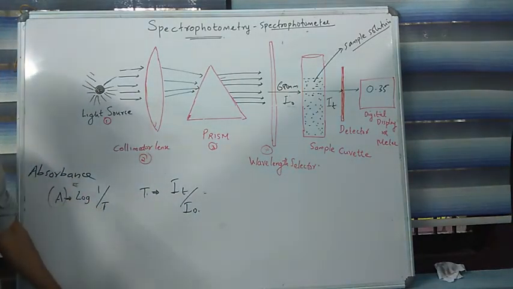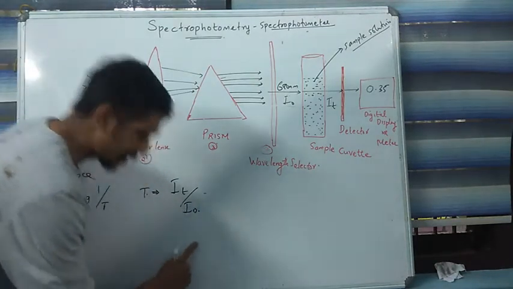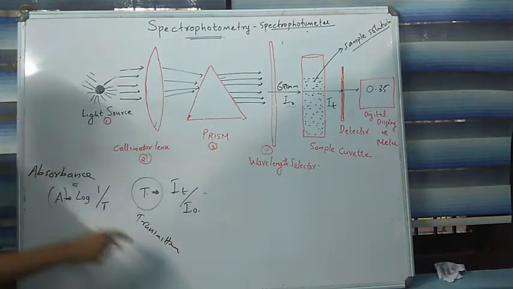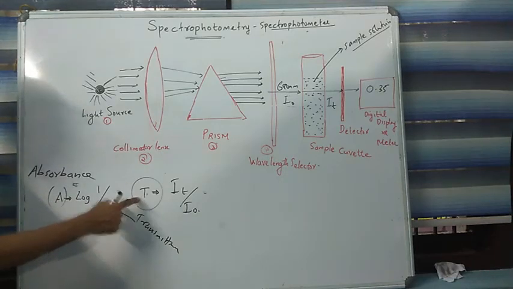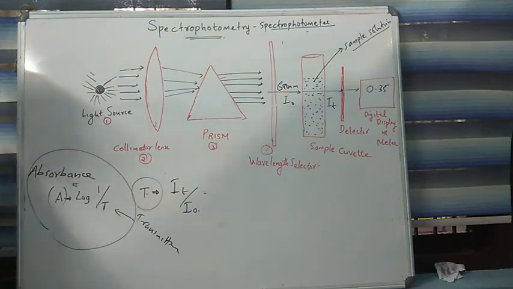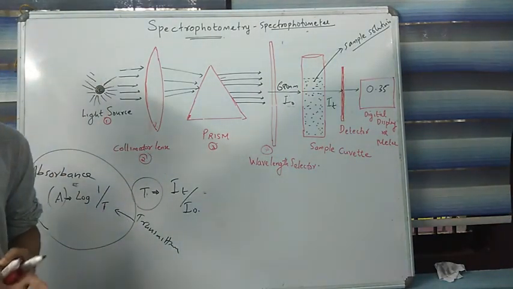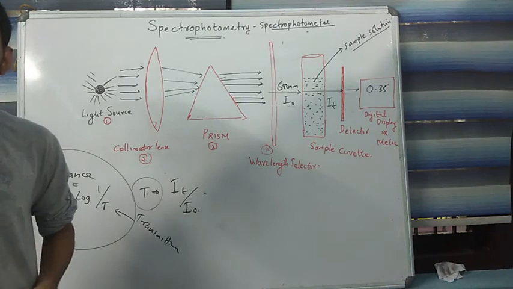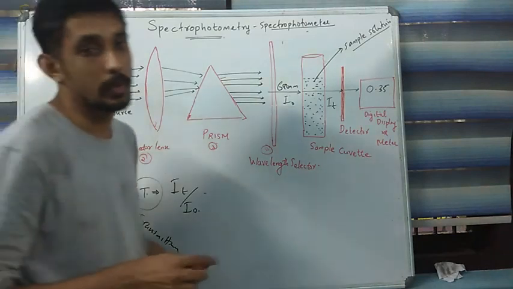Once we find the transmittance, we substitute that value here, so absorbance is equal to log inverse of transmittance. This is the mathematical equation to find the absorbance. So we utilize the absorbance value of a specific unknown material to identify its presence and its quantity. This is the concept behind spectrophotometry. Thank you.